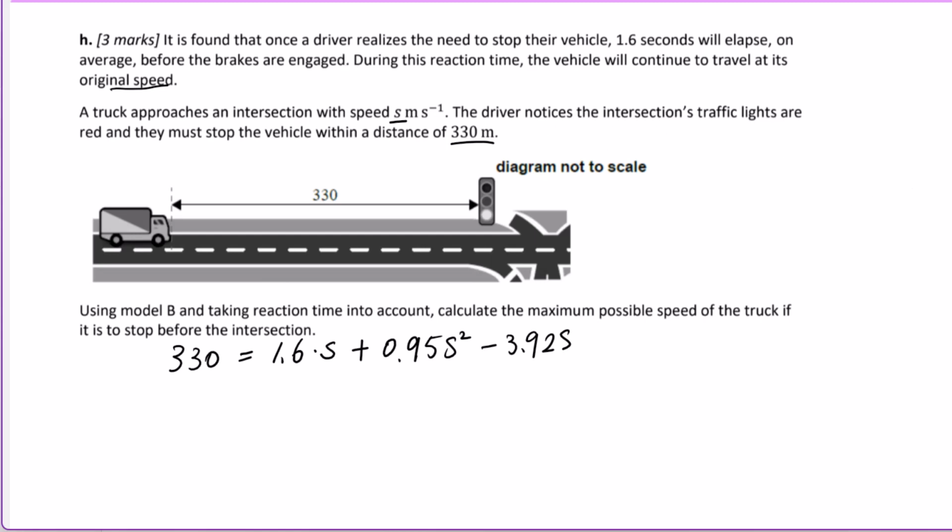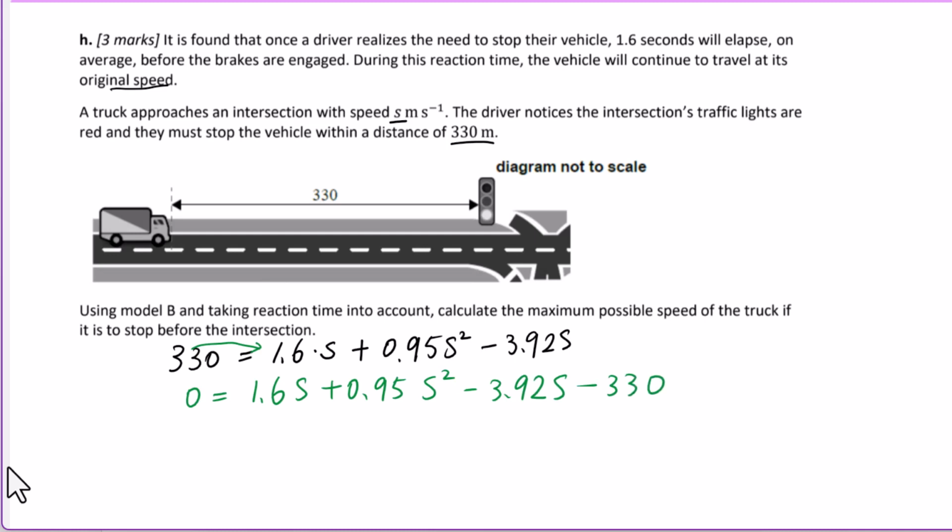Since this is a quadratic equation, we can solve it with polyroots. Move 330 to the left side: 0 equals 1.6 s plus 0.95 s squared minus 3.92 s minus 330.